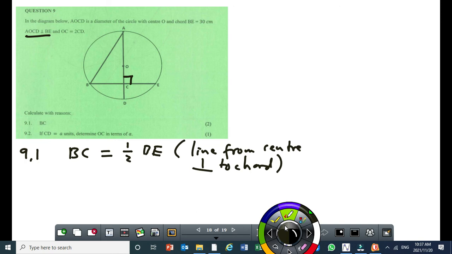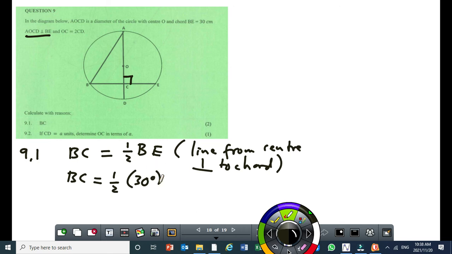If the right angle is not there, and you are told that BC is equal to CE, that's the converse, line from center to midpoint of chord. Are you following? Yes? No, it's BE. So it's my handwriting. Let me rewrite it nicely. This is BE.